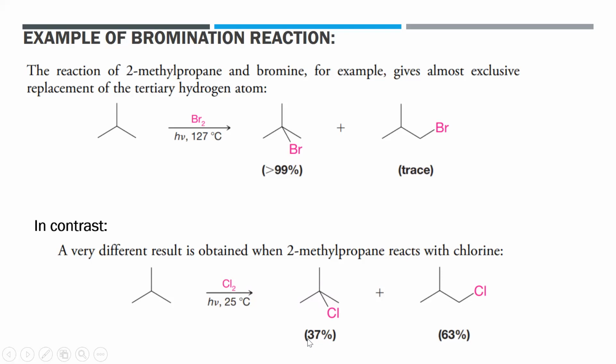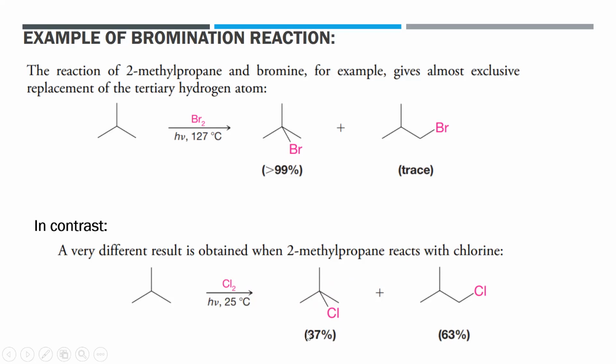But in our prediction, it should have been only 10% of the alkyl halide that we get, but we actually obtained 63%. Supposedly 90% initially, and this one should be 10%.